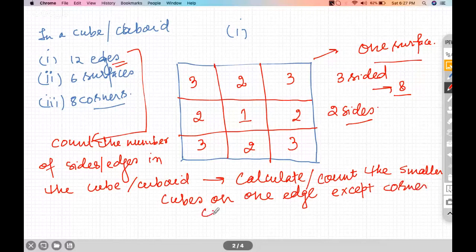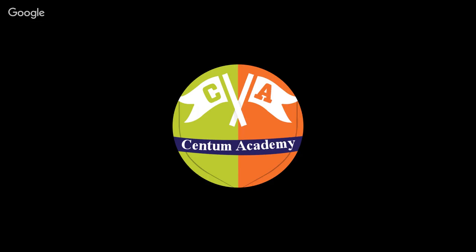So here, if I take this particular edge, except corner cubes, how many cubes are there? Only one cube is there. So it means that per edge, one cube is 2 sides painted. So there are 12 edges. So 2 sides painted would be 12 cubes.